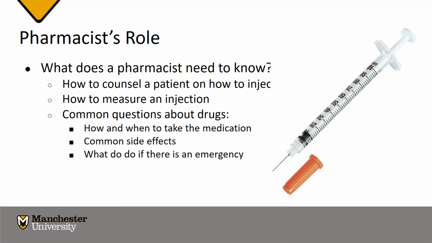Giving someone some sugar can help reverse that, and making sure that a patient's aware of the proper amounts of insulin to give, in case something like that is common for them, and making sure that it doesn't happen.